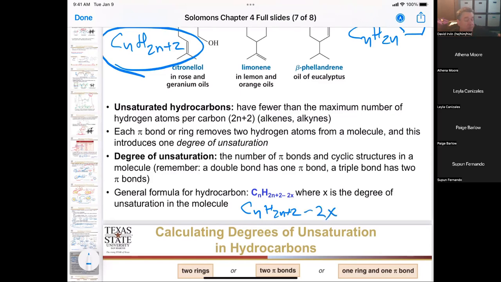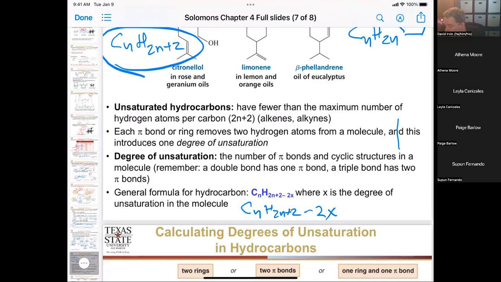X is going to be our degree of unsaturation. The reason there's a 2 there is you usually have 2 hydrogens. Notice we added 2 hydrogens for a straight chain, and we removed 2 hydrogens for a ring. So the X is going to be how many things we can add. That is going to be the beginning.